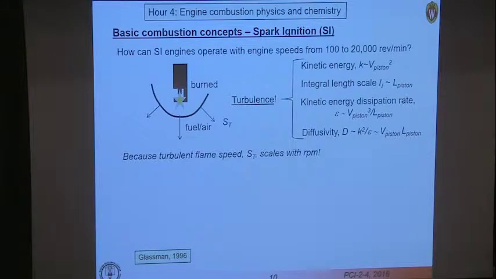How is this possible? If you look at the kinetic energy of the turbulence in the combustion chamber, it scales as the square of the piston speed. The length scales are essentially determined by the size of the engine, so the piston radius or diameter.